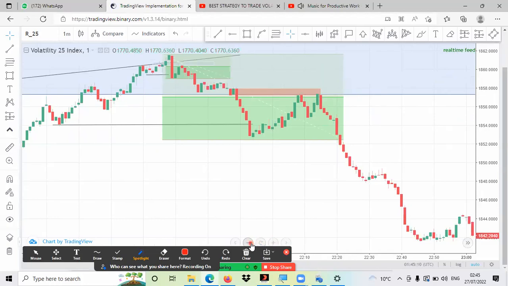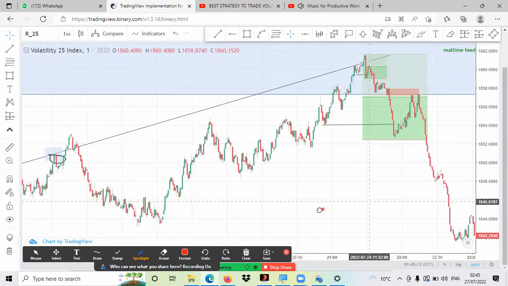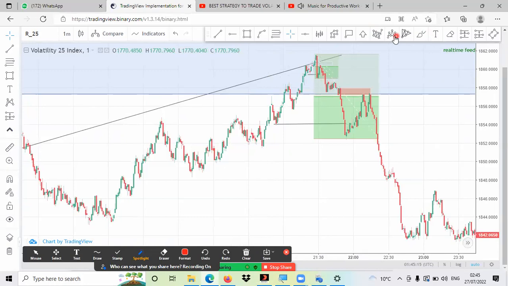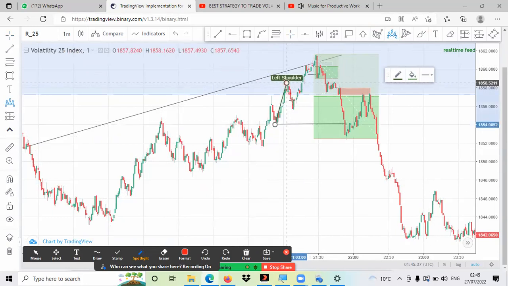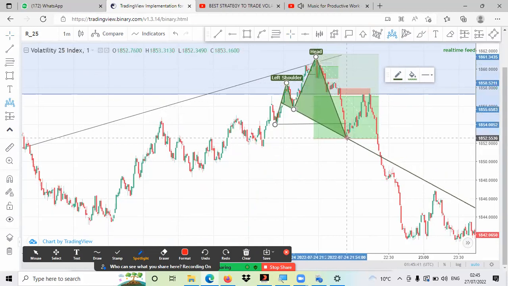Then we go back to the downside. Where is our target? On V25, this pair likes to create a head and shoulder pattern. Always, it creates a head and shoulder pattern. Look where this pattern is clean.